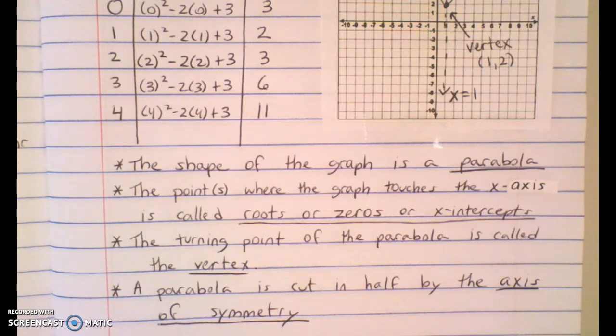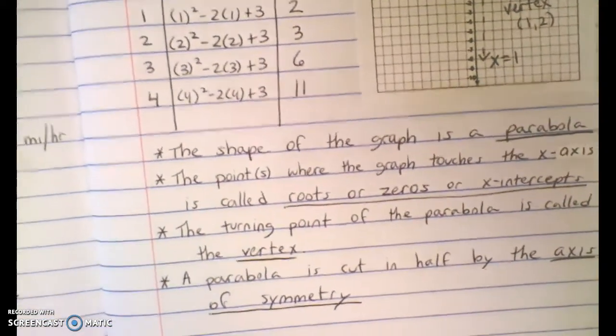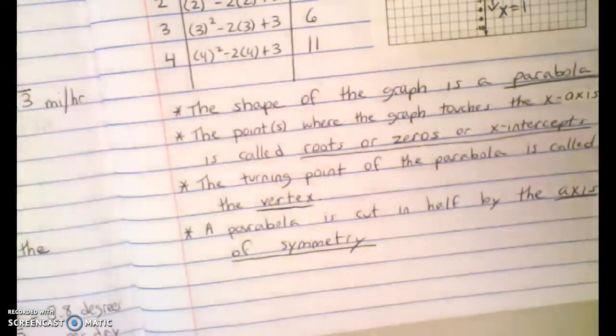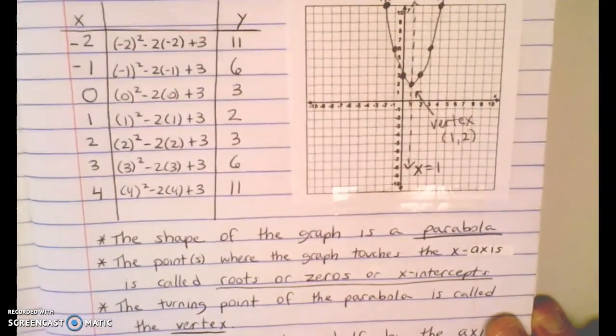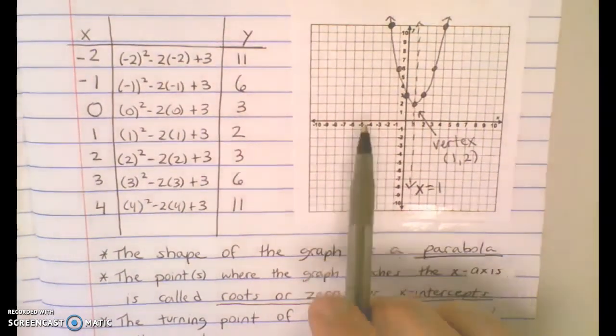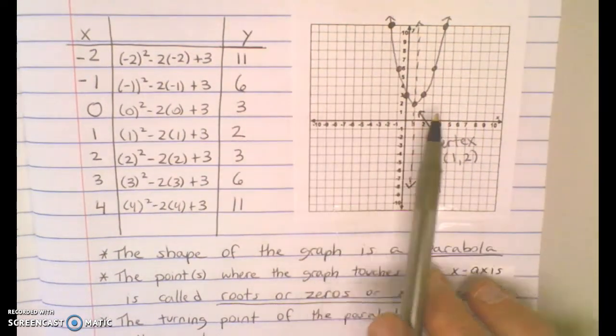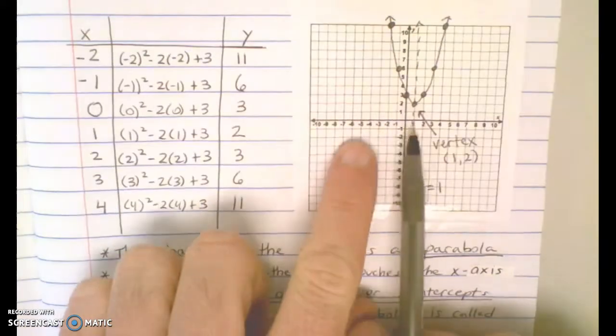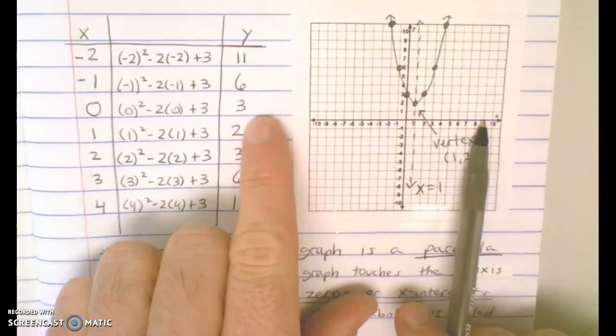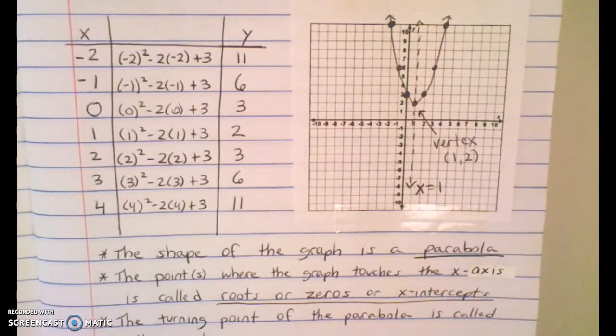Some other key features we'll talk about, that we've studied already in this previous unit, are domain and range. Remember, domain is your x values. For a parabola, the domain is always going to be all real numbers, because when you look at your graph, for your x values, it's going on in both directions, to the left and the right. That means that all possible x values are the domain.